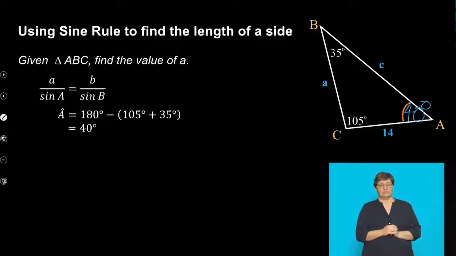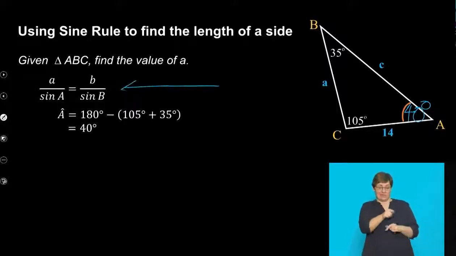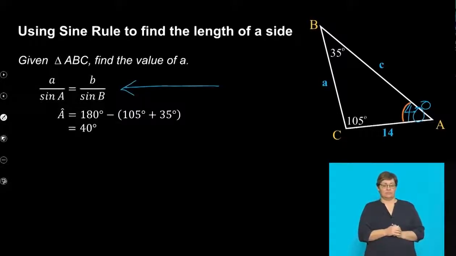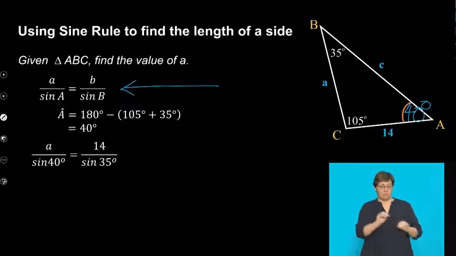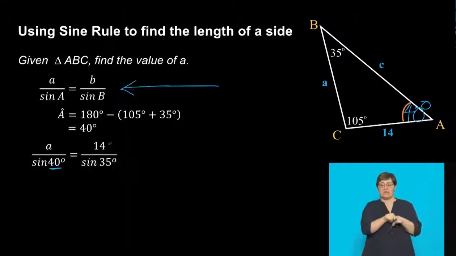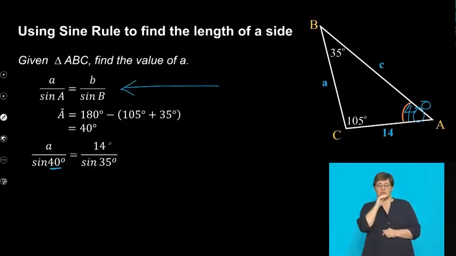So we're going to use that 40 degrees in our sine equation here. Substituting, we get a over sine 40, the 40 we just found, equals b, which is 14, all over sine of 35.